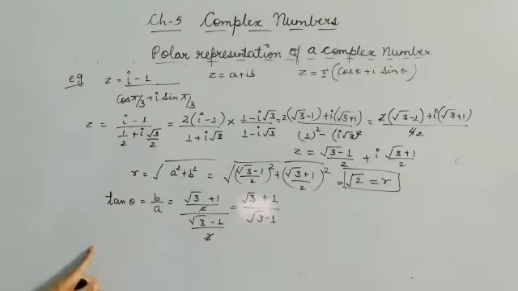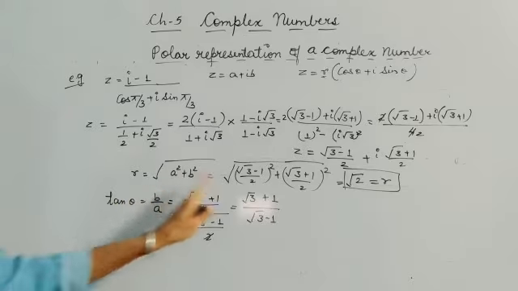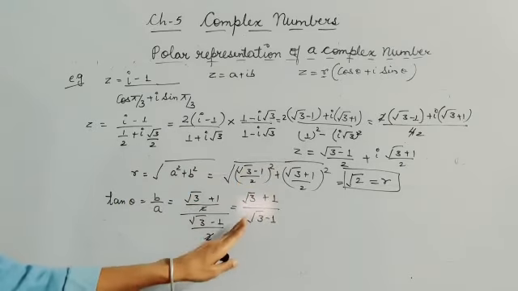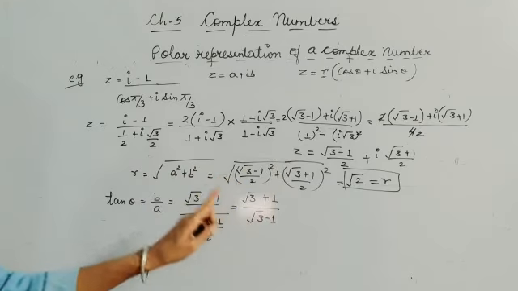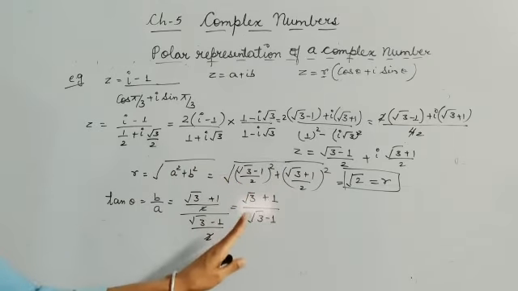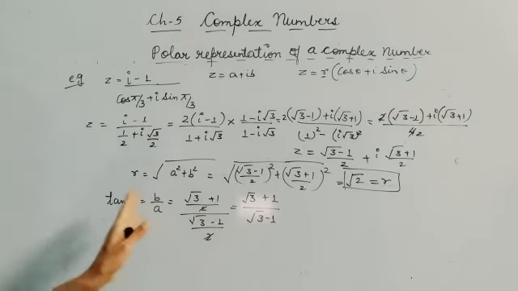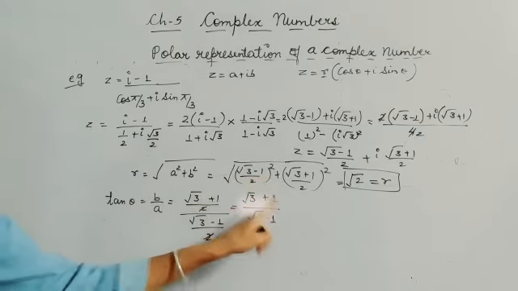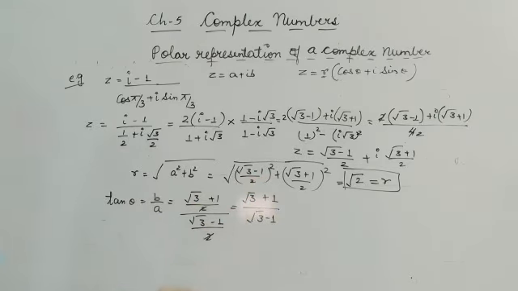But now children, whenever you get tan theta on this side, you try to make this side also in tan theta form. But we don't have this value as a standard value in our trigonometric table. So what you need to do is transform this into tan a plus b form.